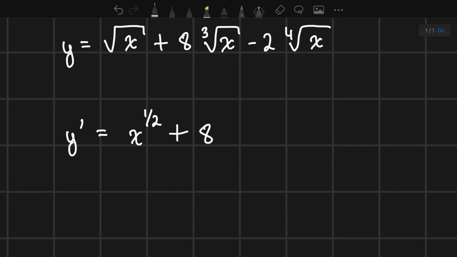And then now we have the third root of x, which would just be 8x to the power 1 over 3. And then we have minus 2x to the power 1 over 4.